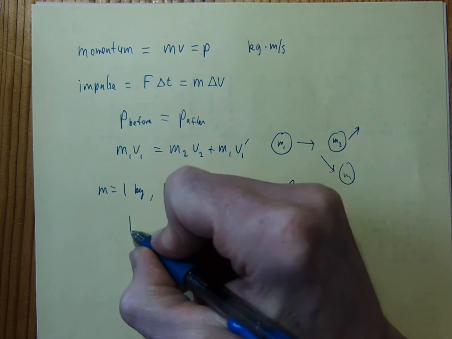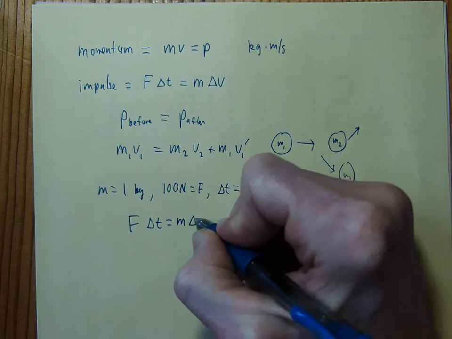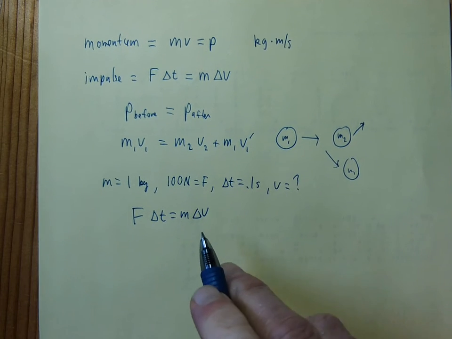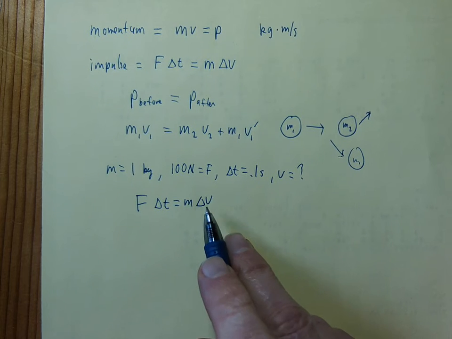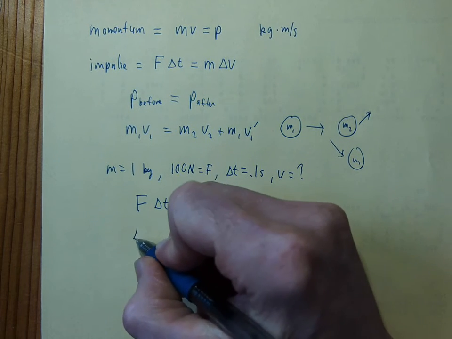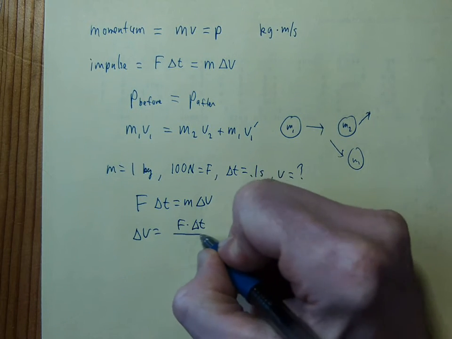So we write down the impulse formula. F delta T is equal to M delta V. Assuming the ball starts from stopped, which you typically do, we want to know the change in velocity. What's the change in velocity? So the change in velocity is equal to the force times the time divided by the mass.